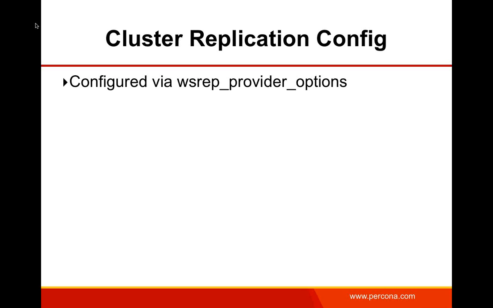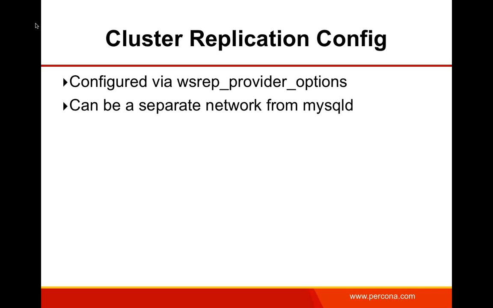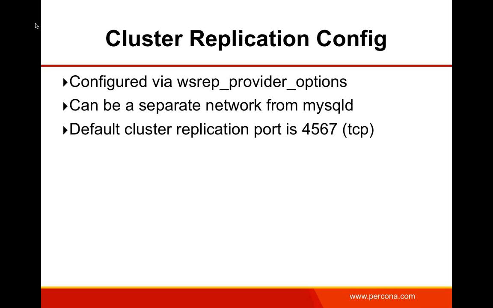So the replication between the nodes is configured within this one variable, and it actually can be on a separate network from mysqld, so the port and the IP that it binds to can be configured independently. It's not standard MySQL client 3306 protocol. It's its own protocol. The default port for it is 4567 on TCP.